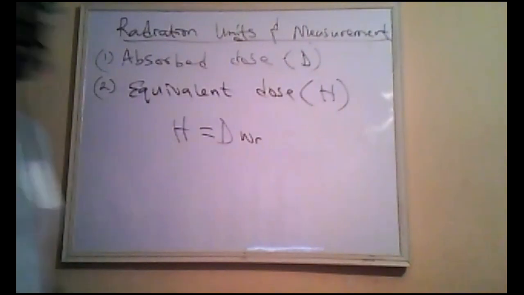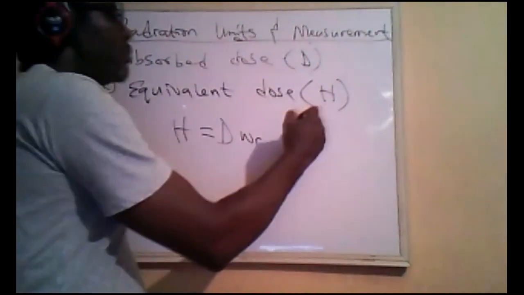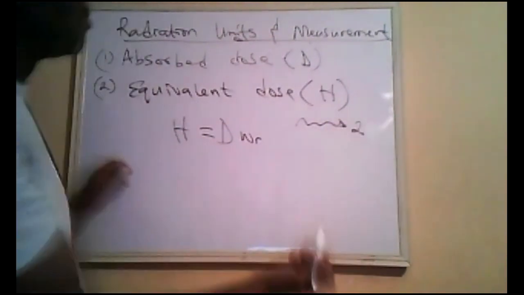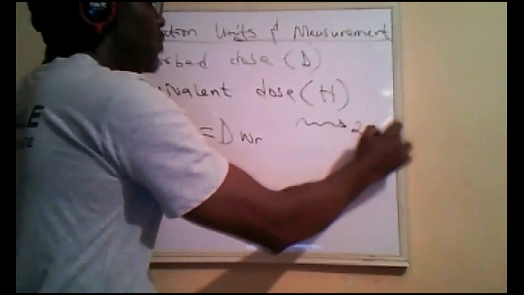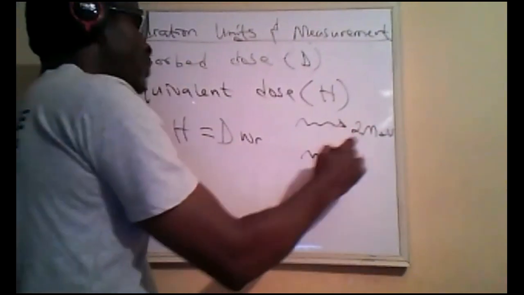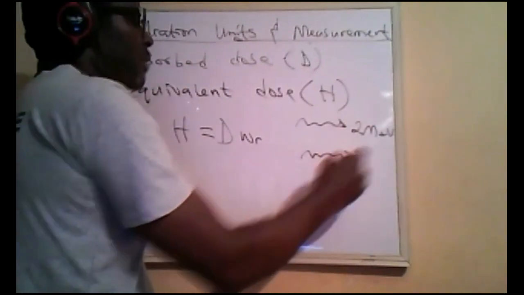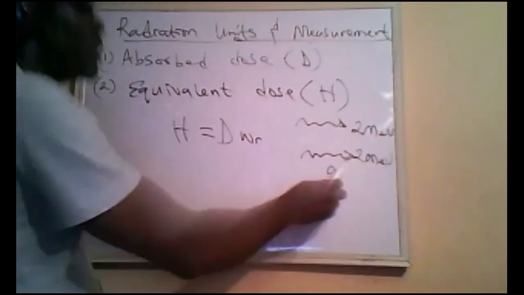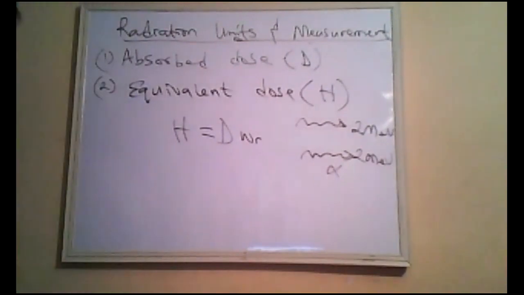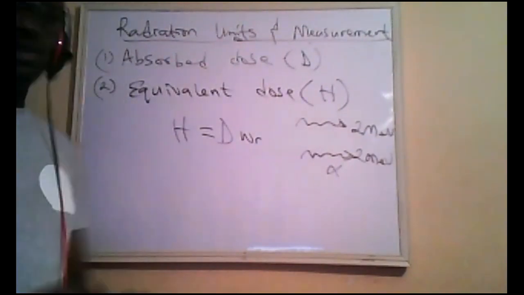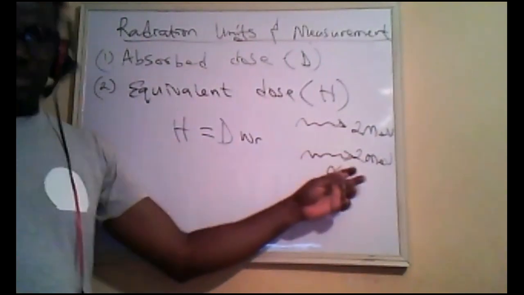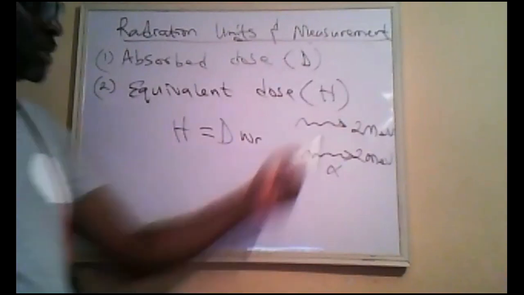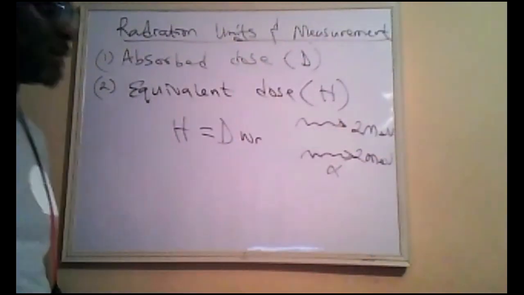Electromagnetic radiation of 2 mega electron volts is different from the damage caused by an alpha particle of 2 mega electron volts. This one is heavily charged, so as it traverses matter, it is going to cause so much damage, at times irreparable damage, compared to that caused by the other.